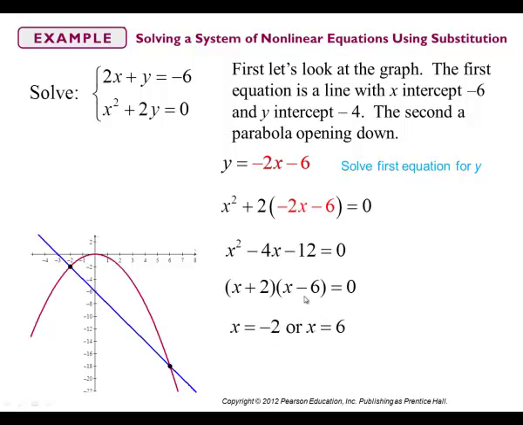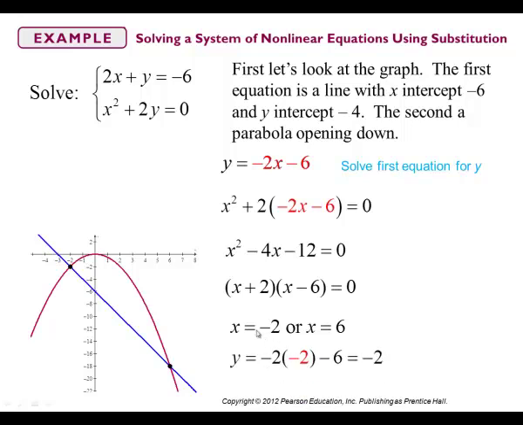So we set each factor equal to 0, and we get x equals negative 2. Well, here's x at negative 2, and here's x at 6. But we need to find the y values.